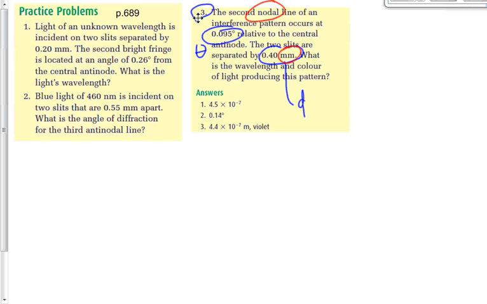We're looking for lambda, the wavelength here. We're not going to panic about the color here. What's the value of n? Draw it out. This is your central antinode, central bright spot. 0, 1, 2, 3. We're dealing with the second nodal line. So the angle is measured from the central antinode to the second nodal line, the second dark spot.